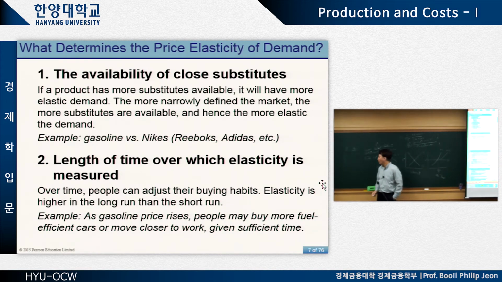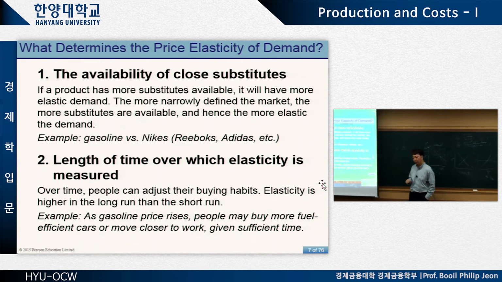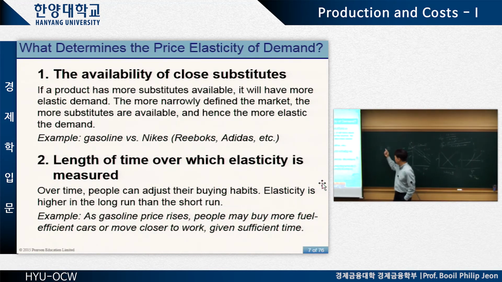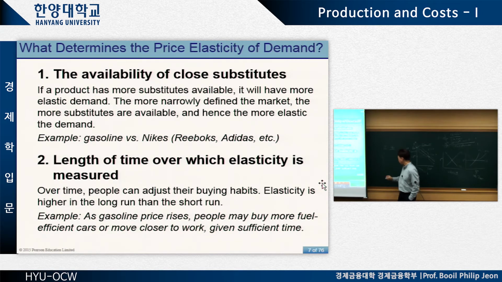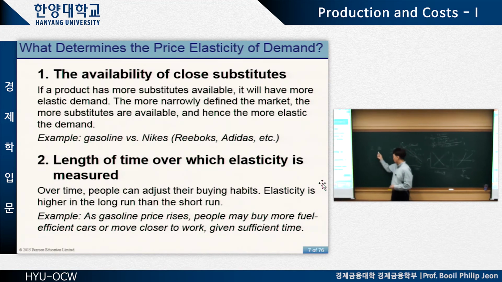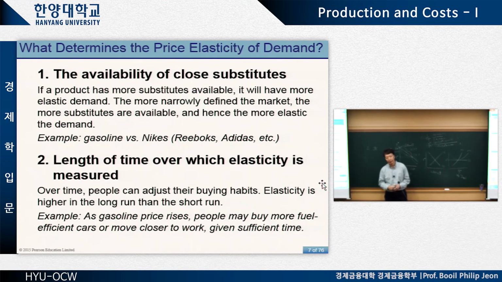Cross-section data means you can collect this price information across different persons or companies or regions. So let's say this is gasoline price in Phoenix, Arizona, Charlotte, North Carolina, or Chicago, Illinois. You collect the average gas price in different locations, and the quantity sold at that price, and then using this information, you can calculate the price elasticity.